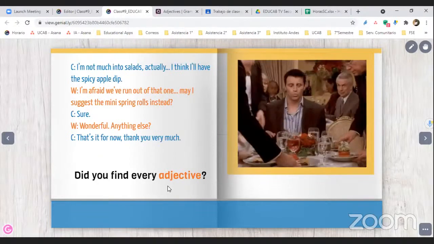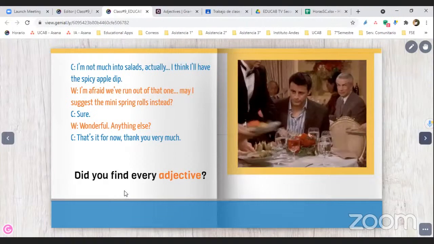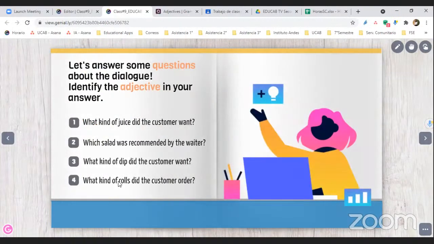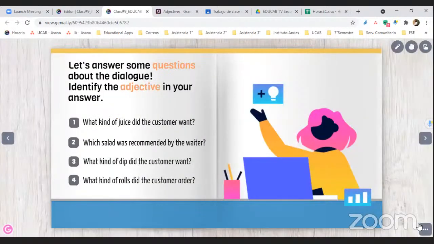Mini spring roll. Okay, good, thank you. So what kind of rolls did the customer order? The customer ordered the mini spring rolls, okay? So mini spring is the adjective. Thank you very much, okay?